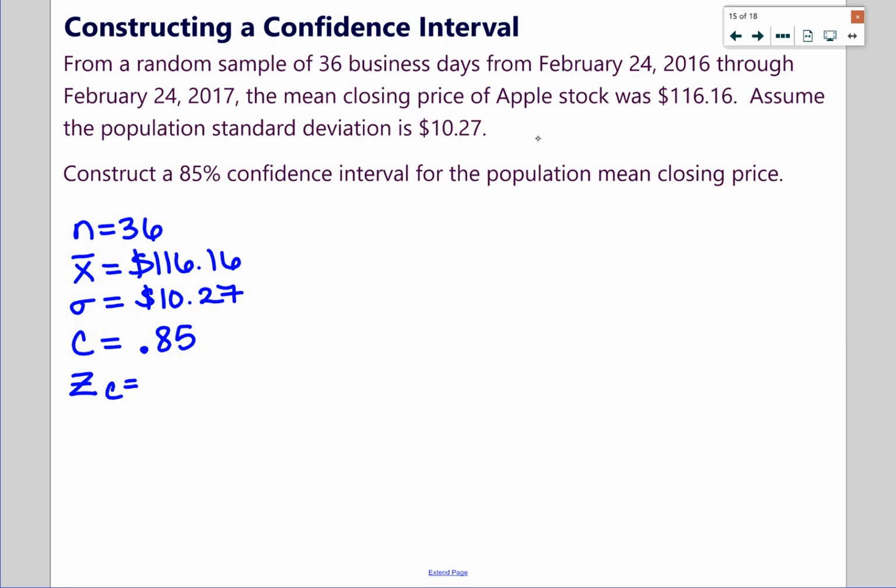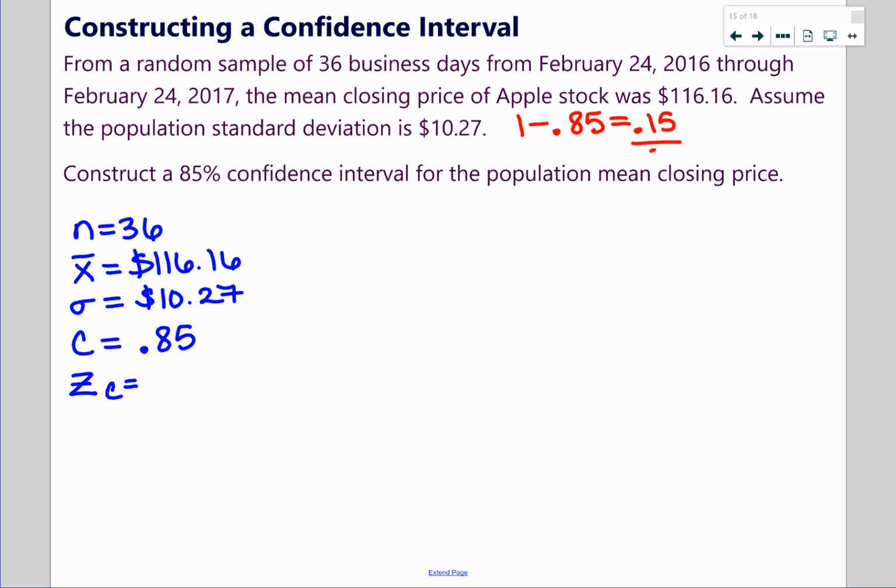So we're going to take our confidence interval, which is 85% of the data located between these Z sub C values, and we're going to find the complement of it. So 1 minus 0.85 gives me 0.15. That's the area in this curve that's located in the tails on the far left and far right.